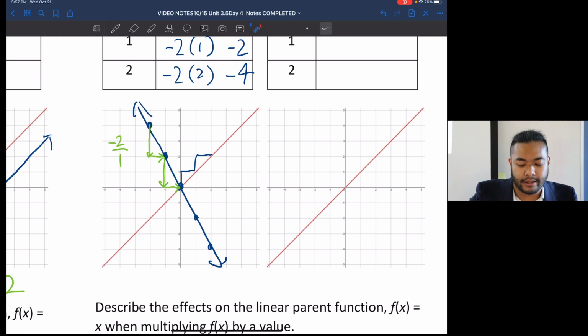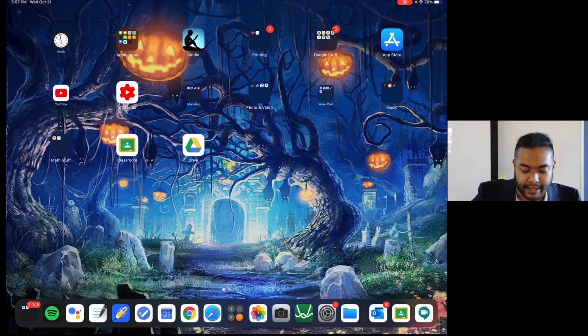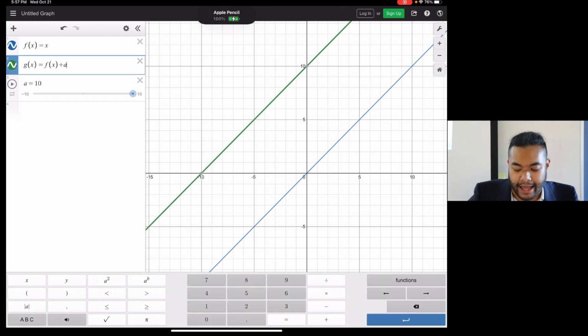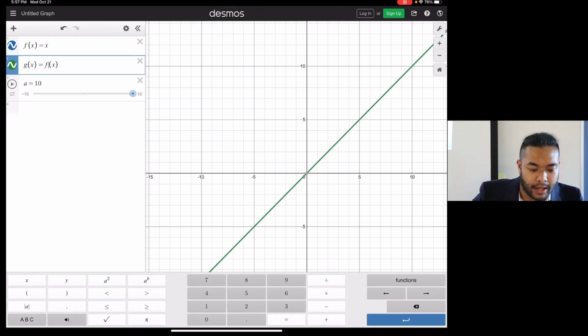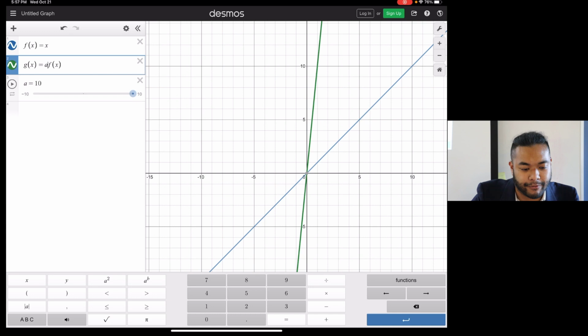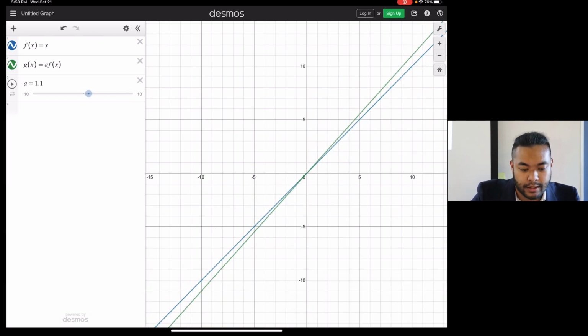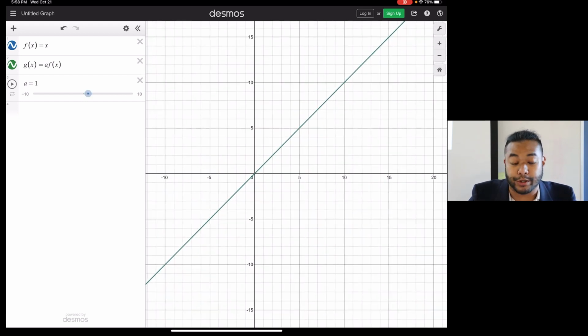If I separate it, the best way to think about it is like this. Let's say I'm not adding a, but I'm multiplying by a out front. Then let's have my slider back at 1. If my slider's at 1, this is the original parent function. Well, let's say, forget the negative.